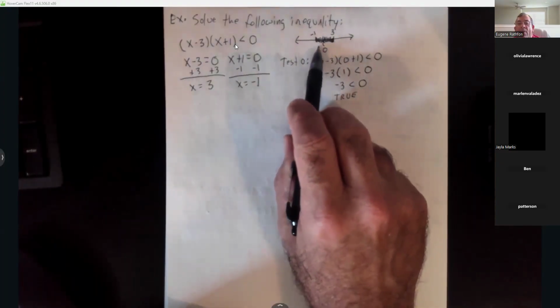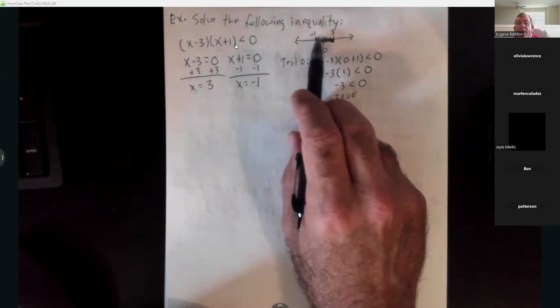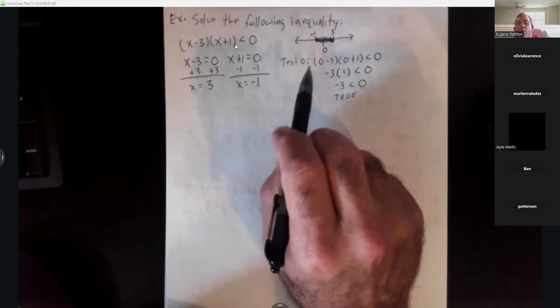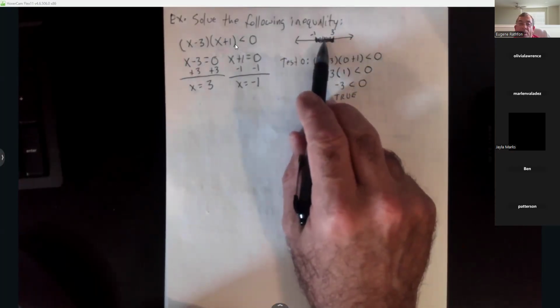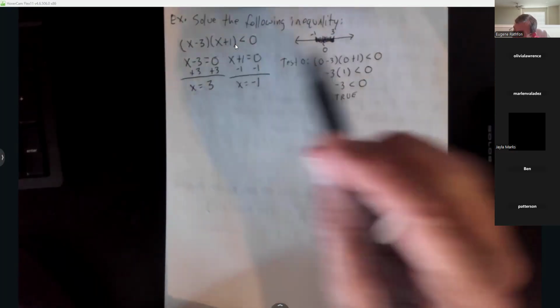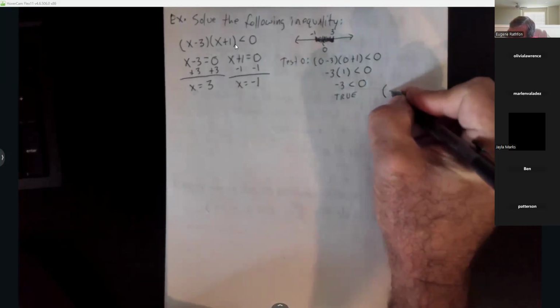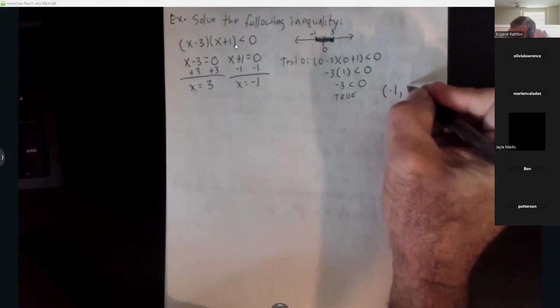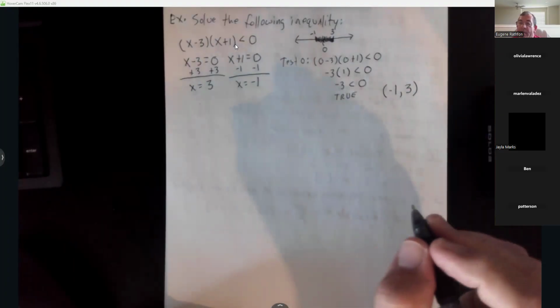Okay? Now, we're going to write this in interval notation. It's going to go from -1 to 3. Question is, would I use parentheses or brackets around my number? Well, y'all, this is less than, so less than uses parentheses. So my interval will be parentheses, -1 to 3, close parentheses.